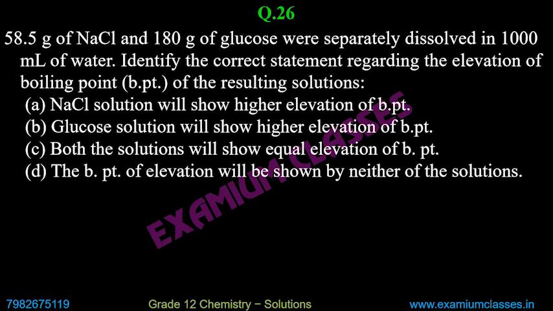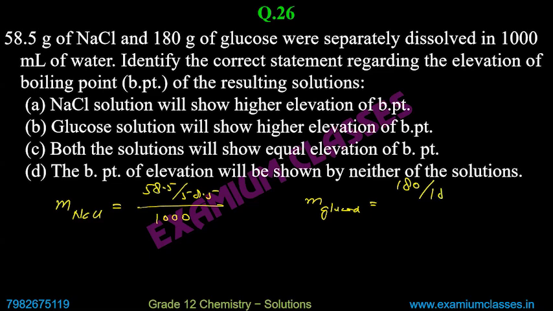Good. Now, if you see molality, molality will be the same. M of NaCl is number of moles, given mass by molar mass, divided by 1000 grams of water. 1000 ml means 1000 gram of water. Similarly, M of glucose is 180, the molar mass of glucose, 180 divided by 1000.